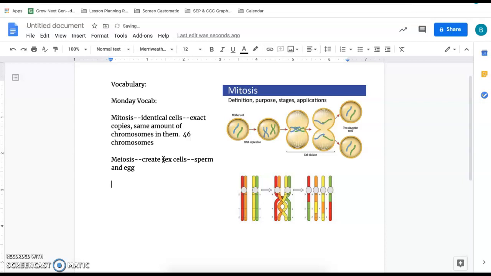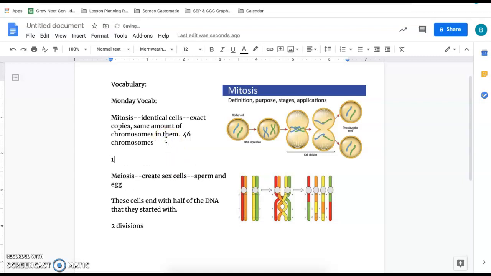And these cells are going to end with half of the DNA that they started with. So they go through a series of 2 divisions. And I'm not going to have you memorize all these steps, but I'm going to ask you to know the gist of these.